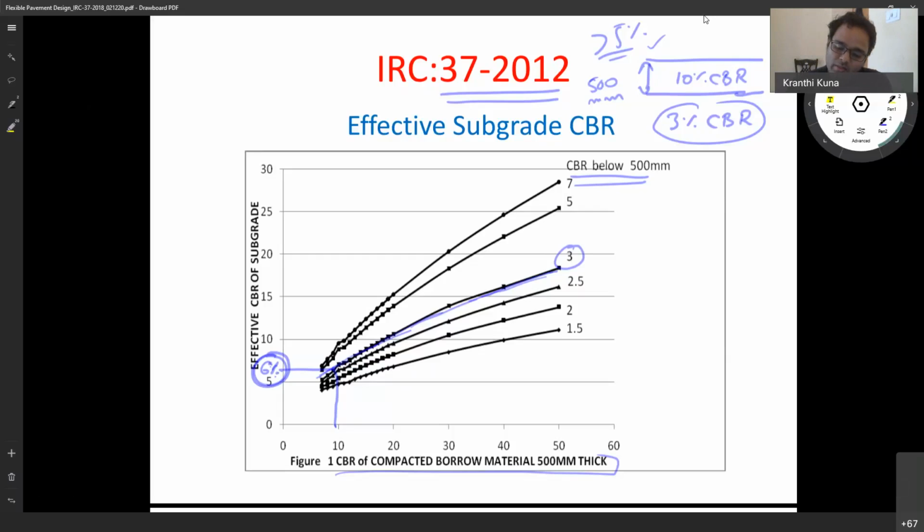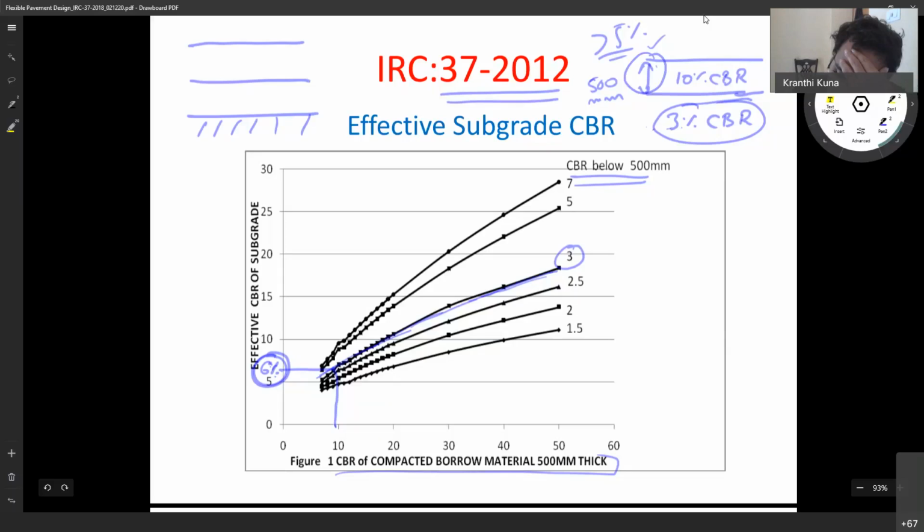So when you are designing a pavement, you have to model your pavement with only a single layer of subgrade. Say for example, as I was saying in the beginning, you model your pavement as a single layer of bituminous layer and a single layer of subgrade. Okay, for example, if you have constructed this one with 3%, top 5%, and this one as subgrade, you cannot design it as two layers.